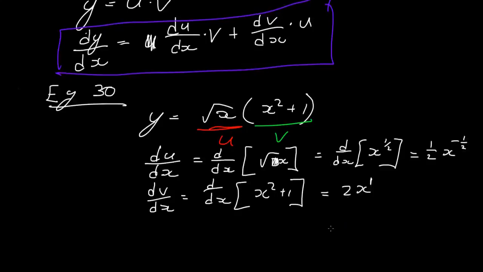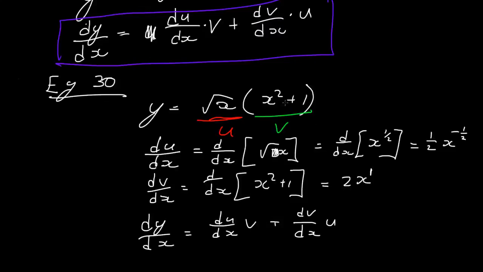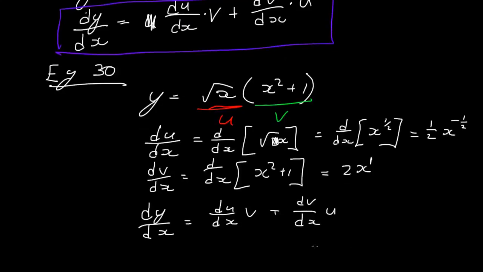So now that we've got those two values, we can write down that dy by dx is equal to du by dx v plus dv by dx u, because we know this is a product rule, so we're using the product rule formula. Then we just substitute in, because we've got du by dx, we've got dv by dx, and we've got u and v.